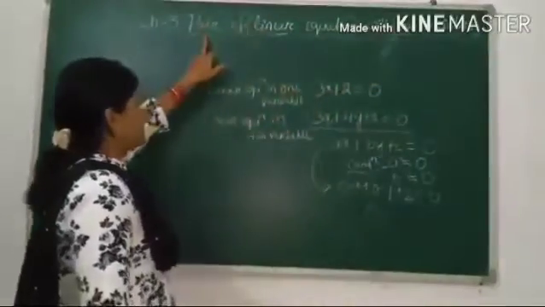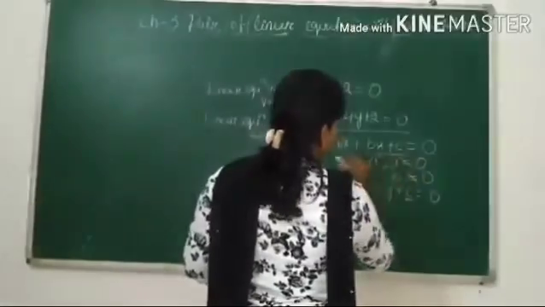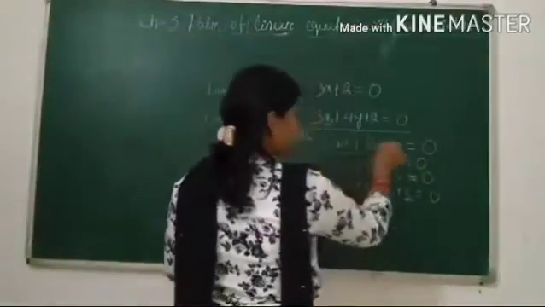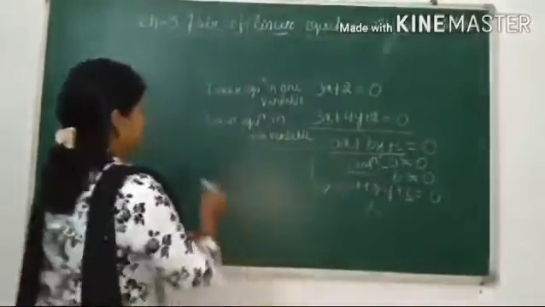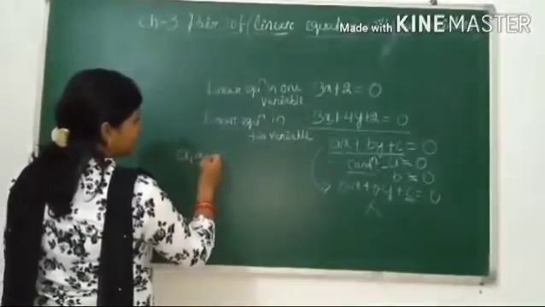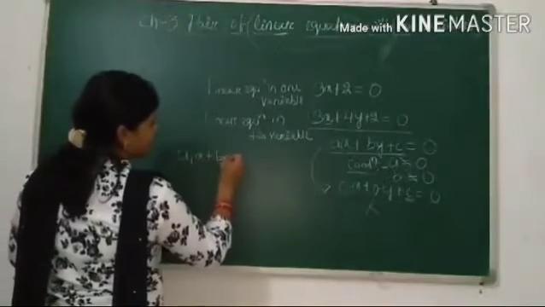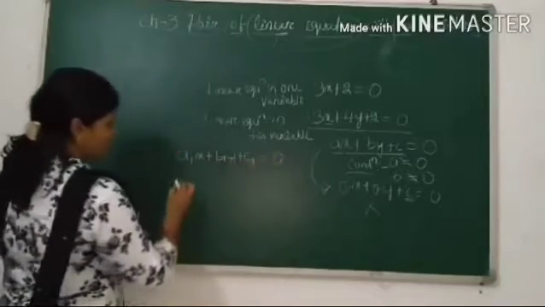Then come to the third part, pair. Look here. This is only one equation, so I have to write another equation along with it. Here I can write a1x plus b1y plus c1 is equal to 0.